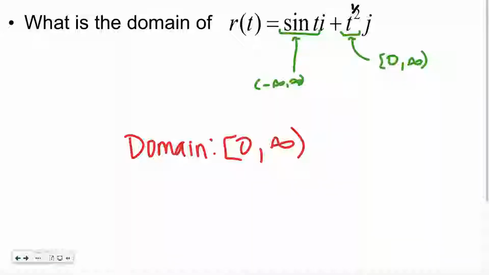We're looking at the independent variable t, and what we can plug into it. So that's not going to show up on a graph. You're not going to see 0 to infinity on the graph, because it's t and it's going to make all the points.